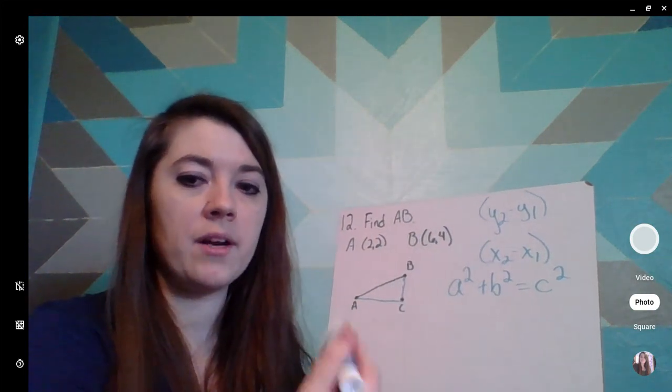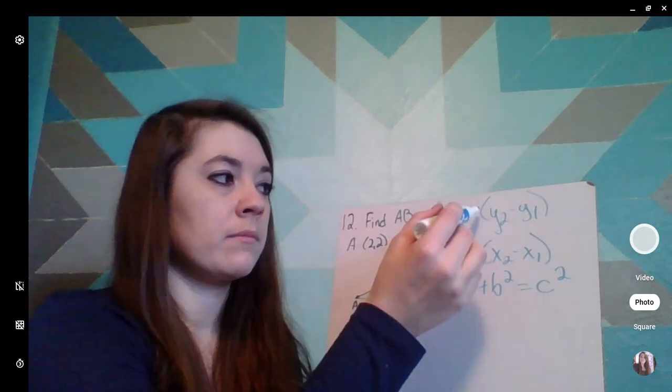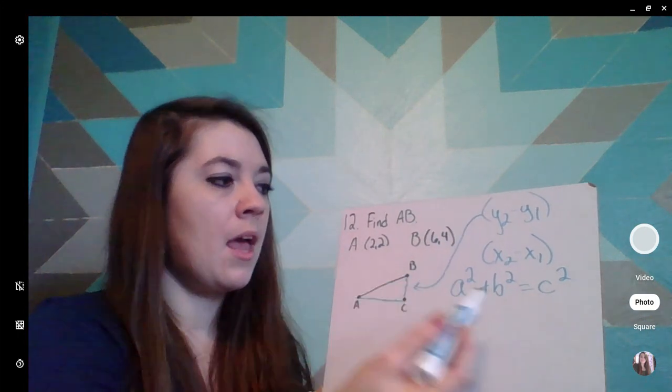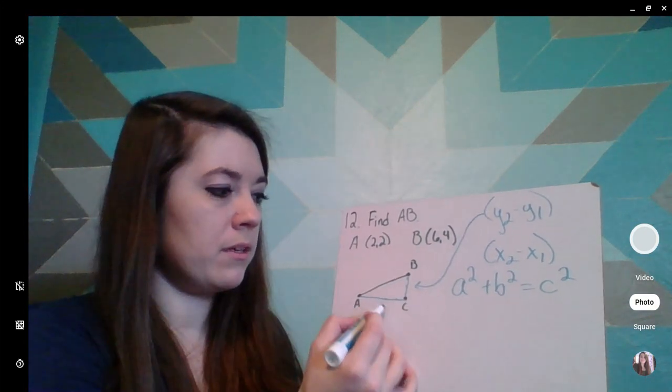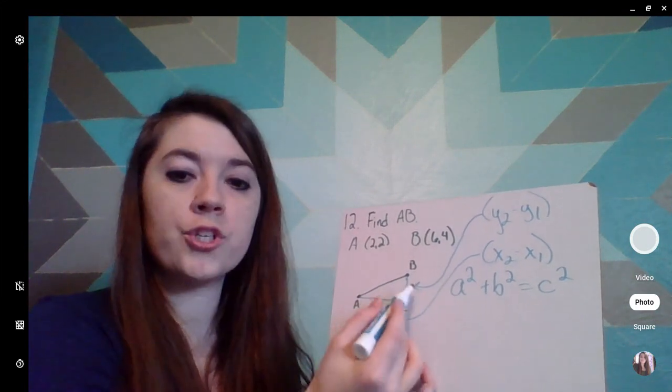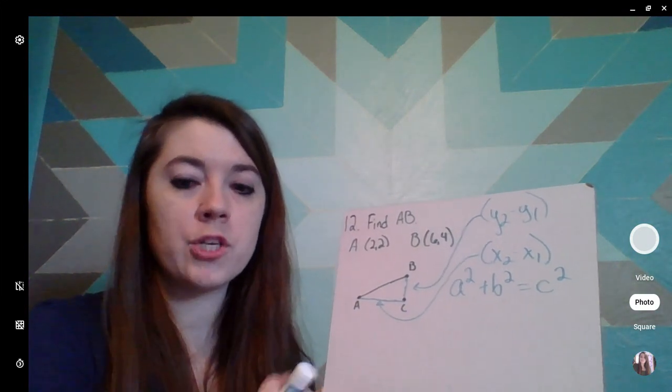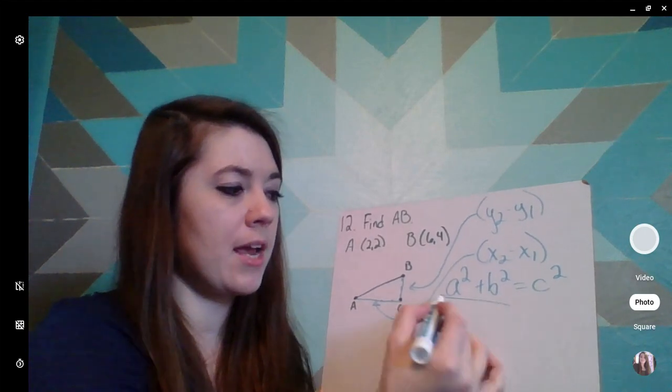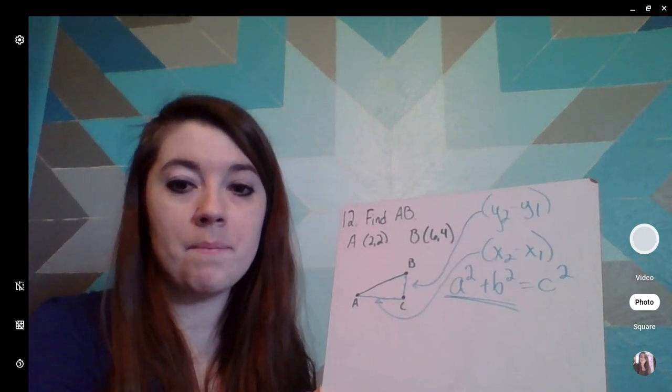The y2 minus y1 or the x2 minus x1? This one, yeah. And the x2 minus x1 would be this part right down here. So these are our two legs of a right triangle.